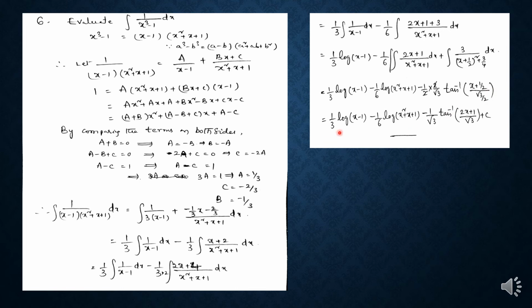That becomes 1/3 log|x − 1| − 1/6 log(x² + x + 1) − (1/√3) tan⁻¹((2x + 1)/√3) + c. So this is the answer.